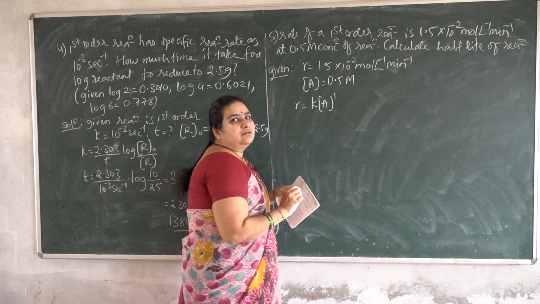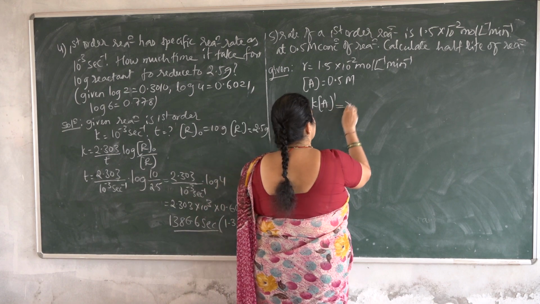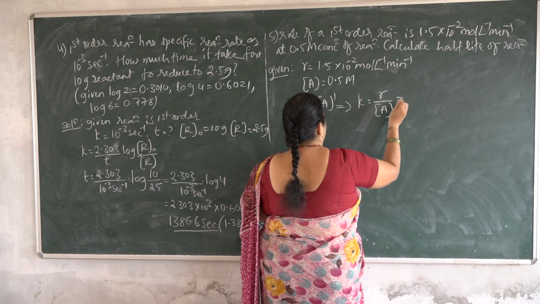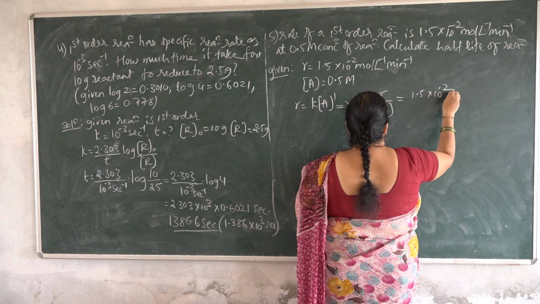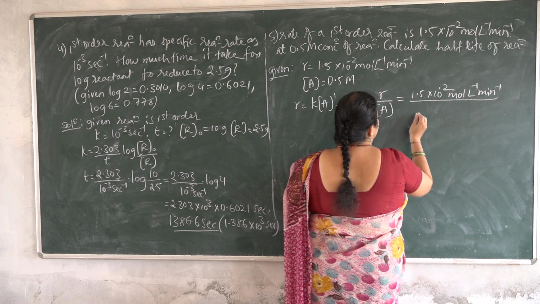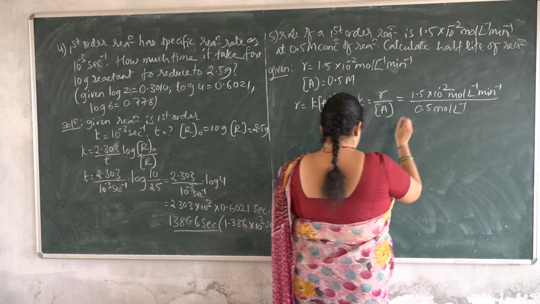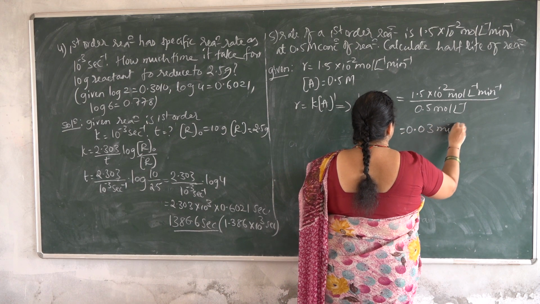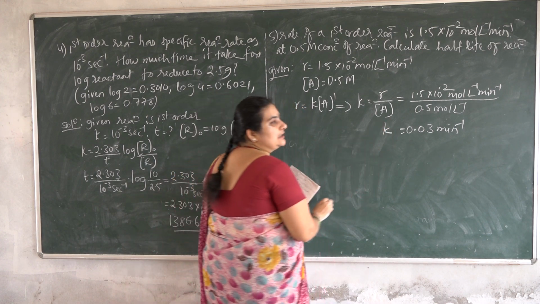So K is equal to R divided by the concentration of A. R is 1.5 into 10 raised to minus 2 moles per liter per minute divided by 0.5 moles per liter. So K is equal to 0.03 minute raised to minus 1. So you have found out the value of K.